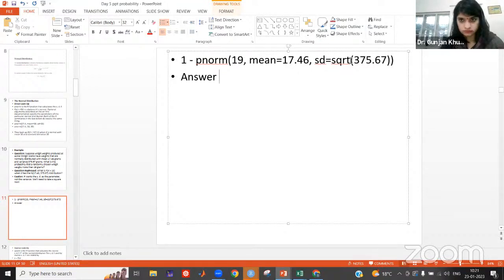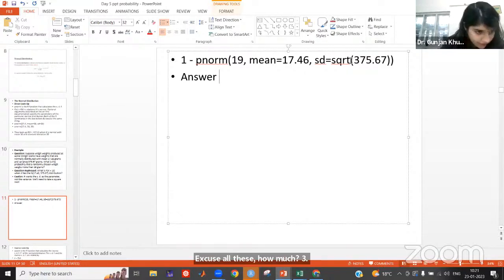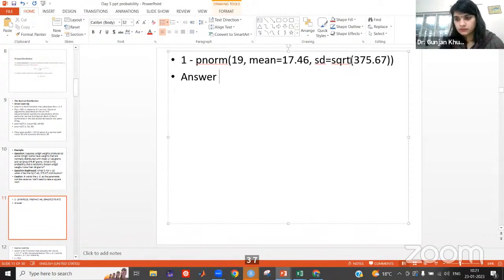SQRT is how much? 375.67. There is an error, let me see. 19, 17.